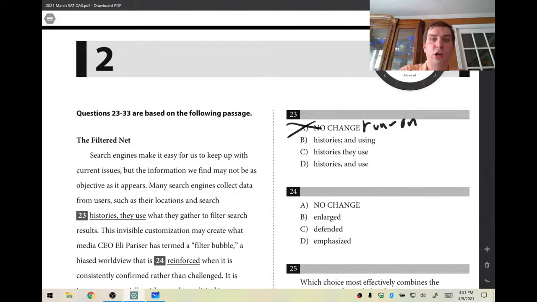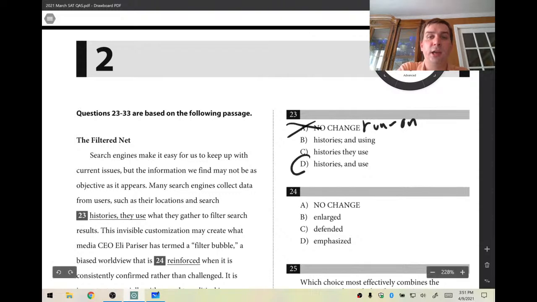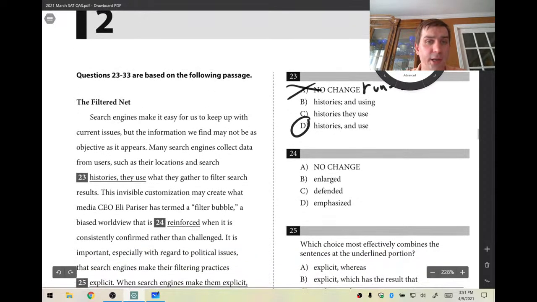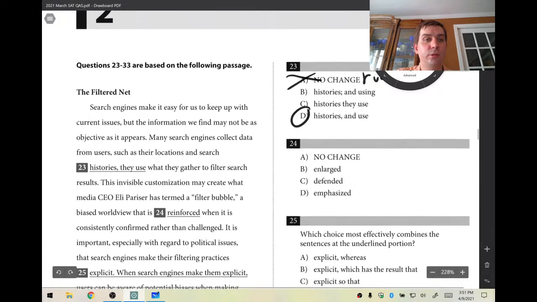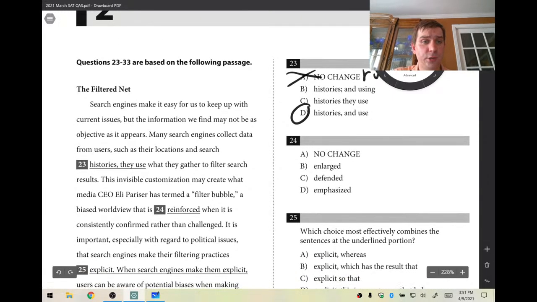We can use a comma and a conjunction, though. I'm going to try that. Many search engines collect data from users, such as their locations and search histories, comma, and use what they gather to filter search results. So we can use a comma and a conjunction there to join those clauses.